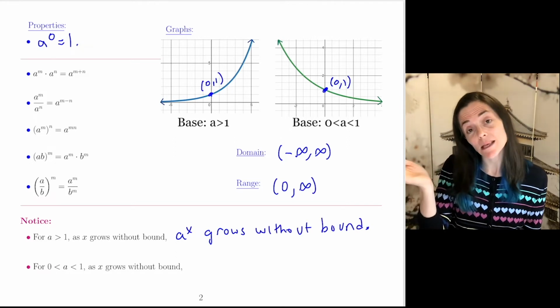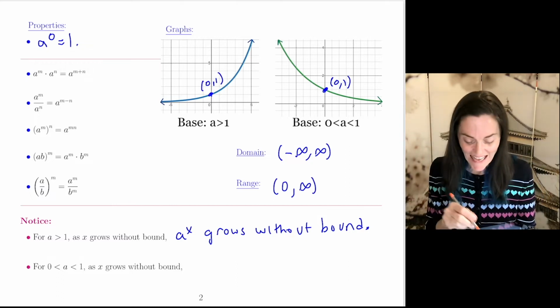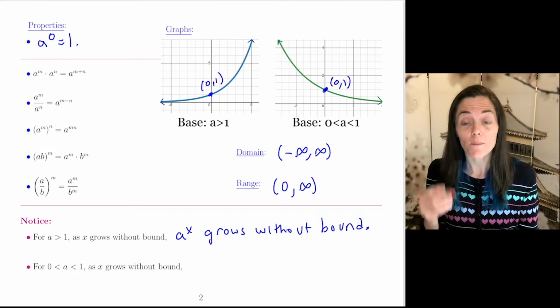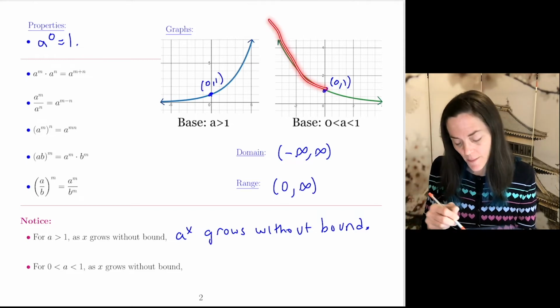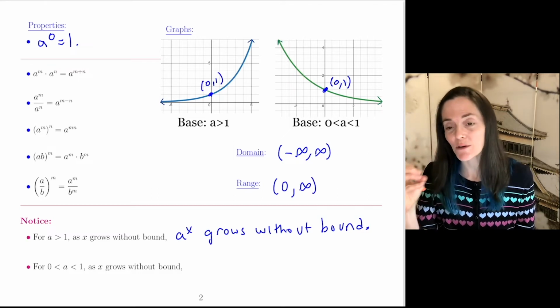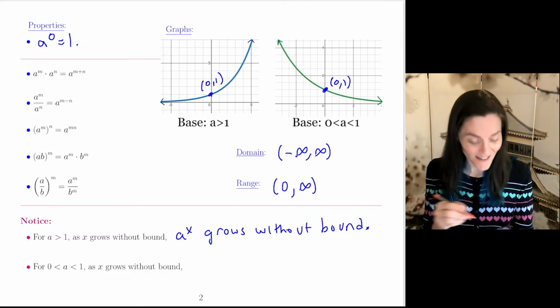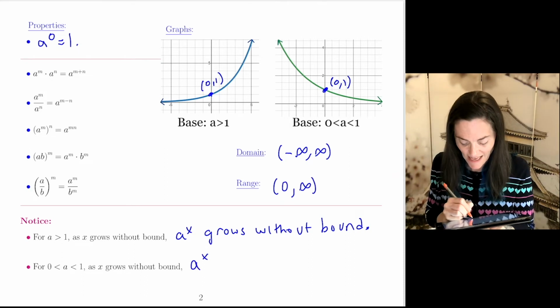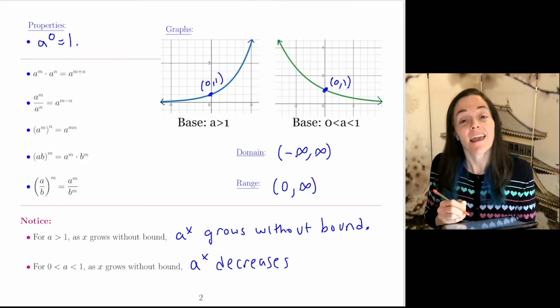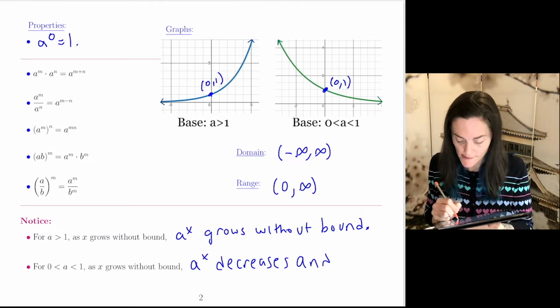Moreover, if you have a base between 0 and 1, the basic shape is a picture like this. As x grows without bound here, you see what happens. The function is getting smaller and smaller and also approaching 0. I will say a to the x decreases and approaches 0.